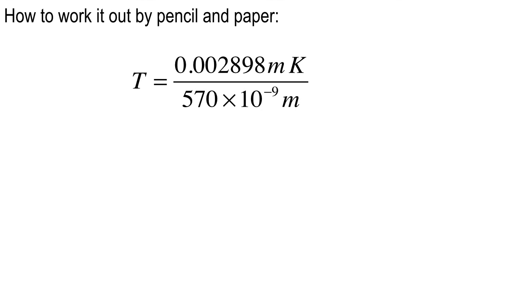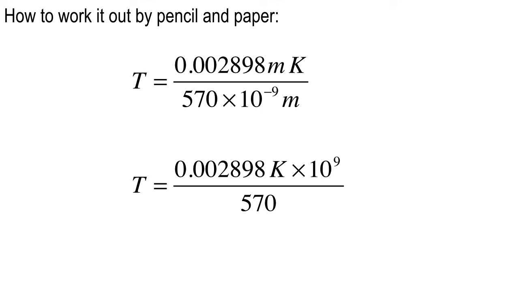What I normally do is take that 10 to the minus 9 and bring it upstairs. Then I go 0.002898 divided by. Oh, and by the way, somebody was asking me, Dr. B, what is that M? Does that stand for mass? No, it stands for meters.